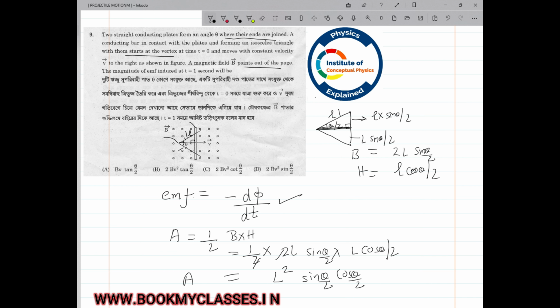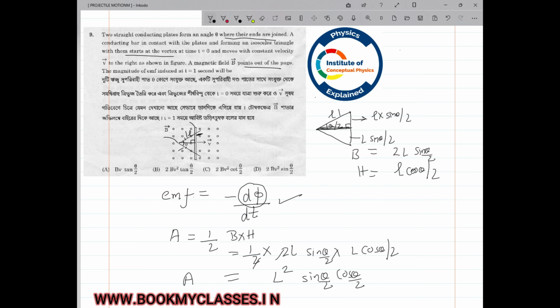That's your area. Now, you know the rate of change of flux, but you need to have a reason for the rate of change of flux to happen. If you notice, the conducting bar is in contact with the plates, forming an isosceles triangle with them, starts at the vertex and moves with constant velocity.